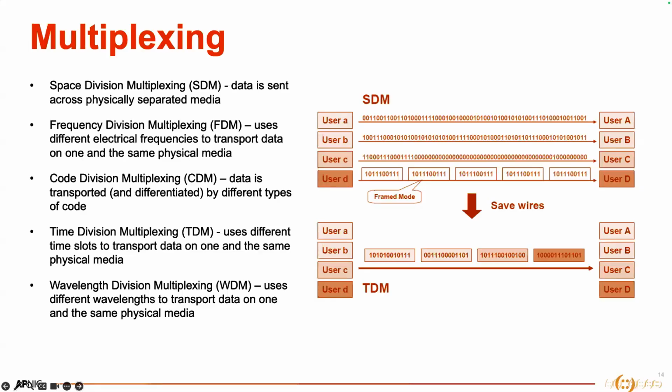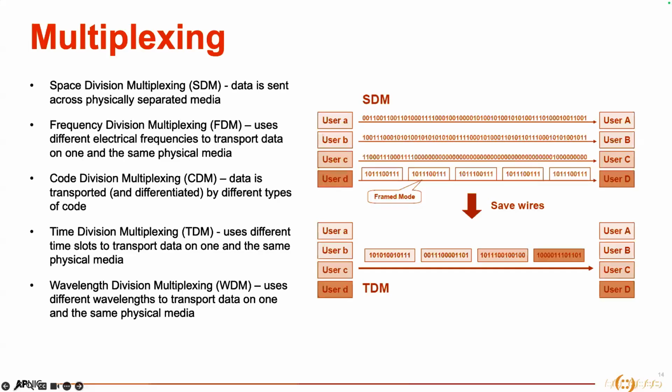If we talk about frequency division multiplexing, user A, B, C, and D would send all the data together at the same time, but their frequencies will be different. They are sending different segments of data, based on their own frequency. User A has a frequency, user B has a different frequency, user C has a different frequency, and user D has a different frequency.